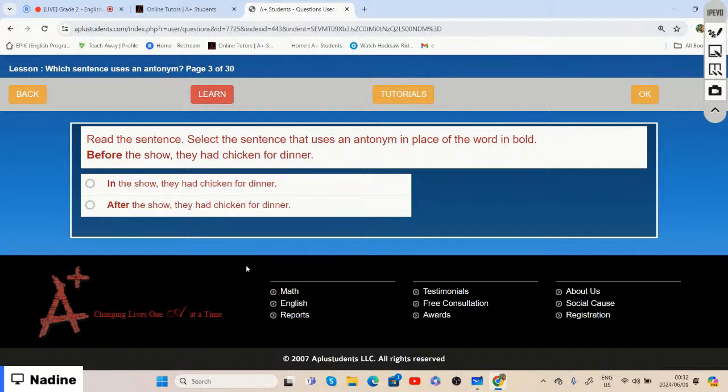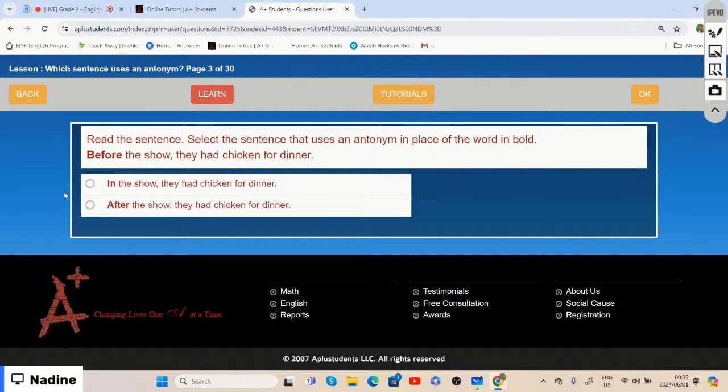Before, the opposite of before. All right, so now we're saying before. What is the opposite of before? Is it in or after?